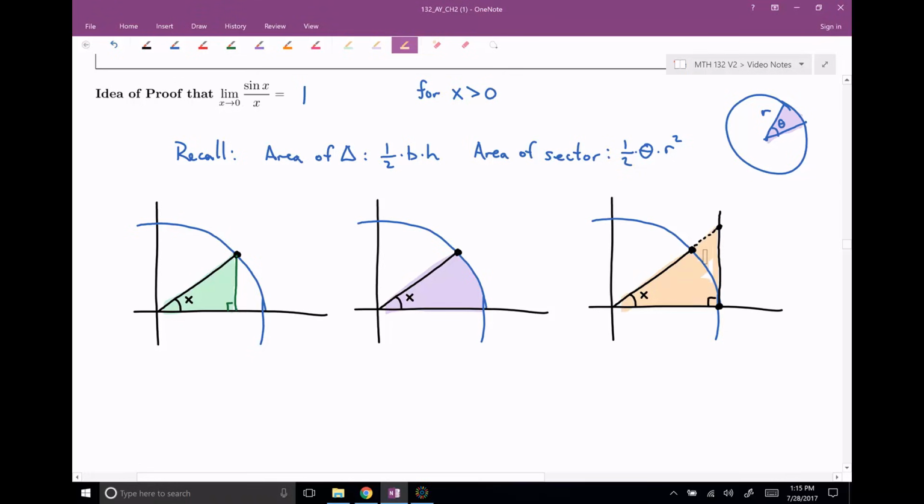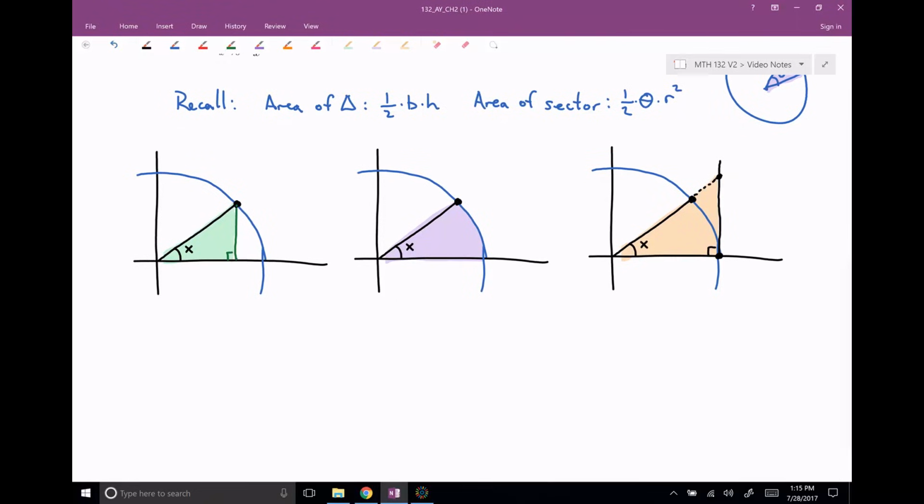The nice thing about these 3 shapes is that for any positive x value, the area of this green triangle, which fits inside of this sector, is going to be less than or equal to the area of this purple sector.